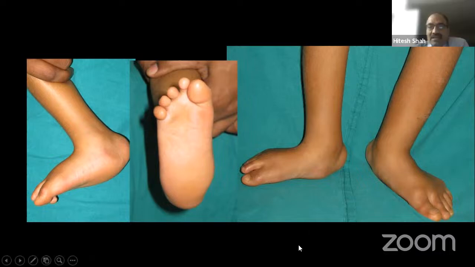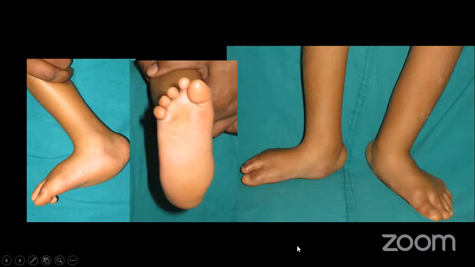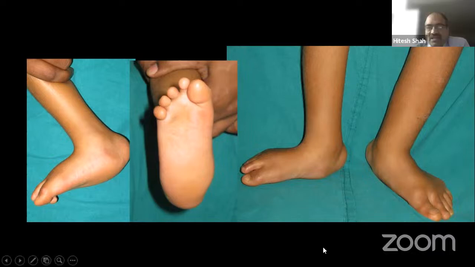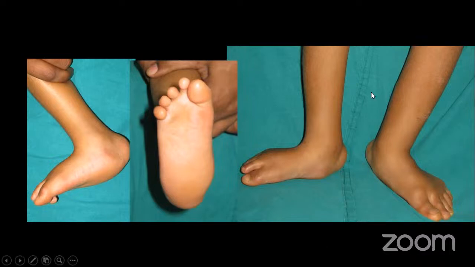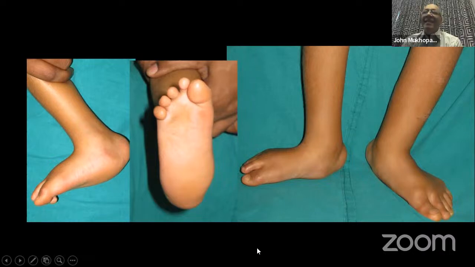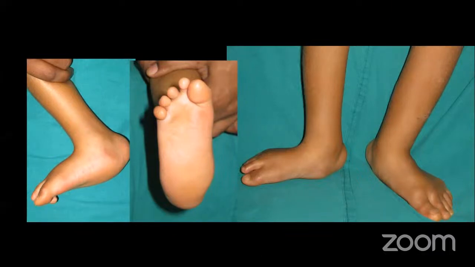In which condition? In oblique. And in vertical talus? Sir, there will be a protrusion on the medial side in both cases.